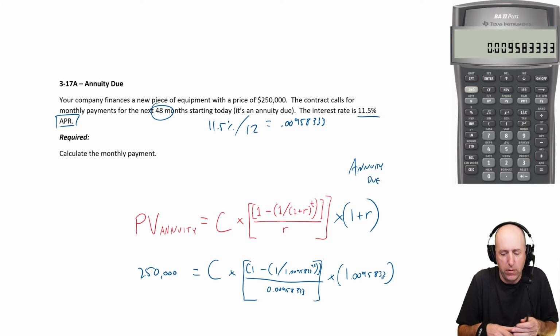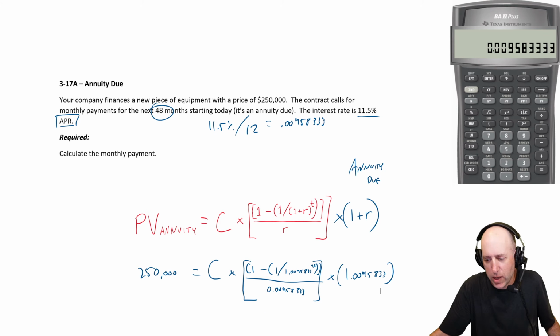Okay, there we have it. We've got the formula now. It's just a matter of working with our calculator. I add 1 to get 1.0095833. I raise that to the 48th power, y to the x, 48. Now I have this exponent dealt with. I go 1 over x, so 1 divided by that amount is 0.63.